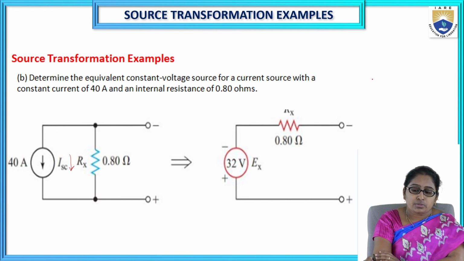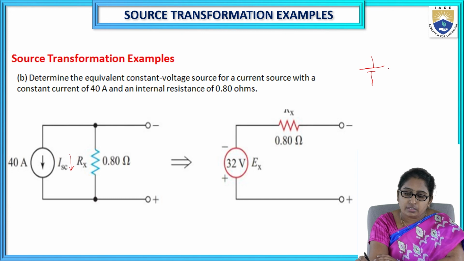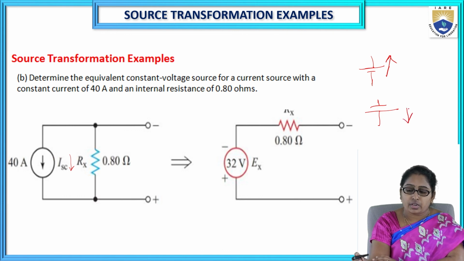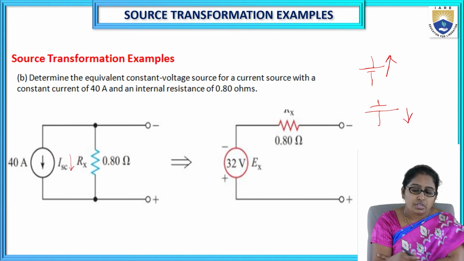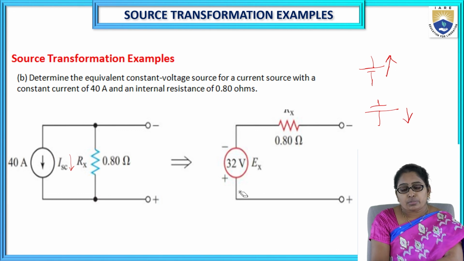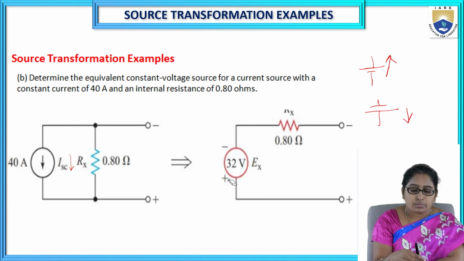If the voltage source is like this, the current flows upward, which means it starts from the higher potential point. Similarly, if the voltage source is like this, the current polarity is shown like this. Based on that knowledge, the voltage source here is shown with plus and minus.